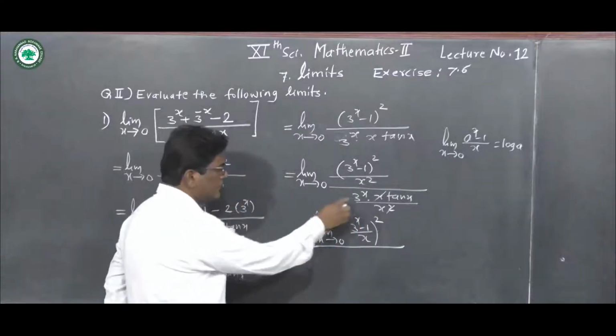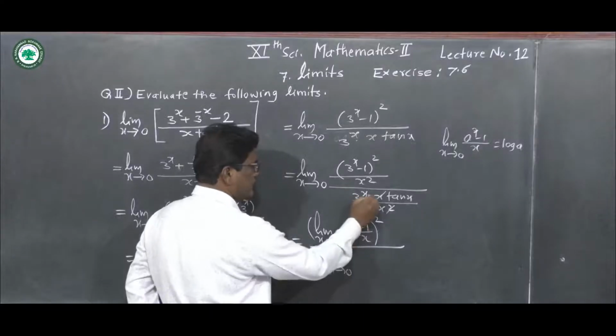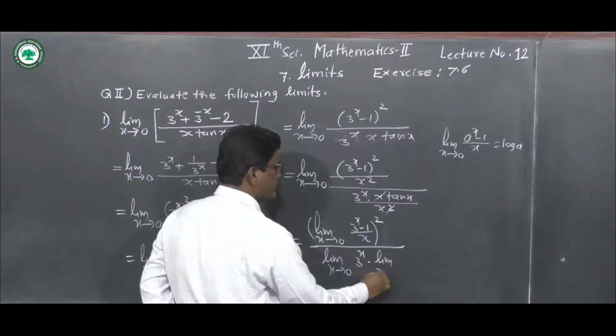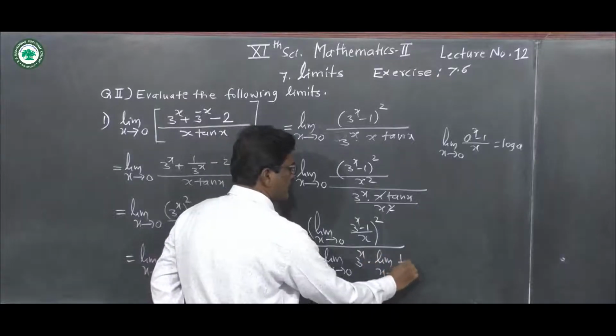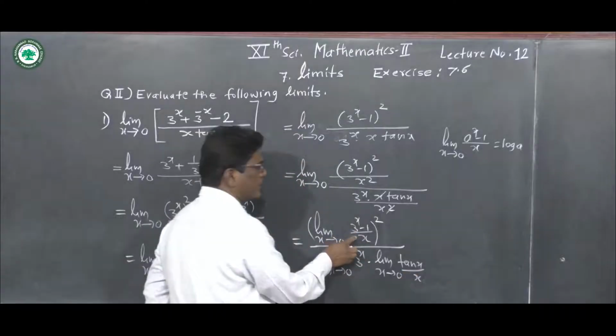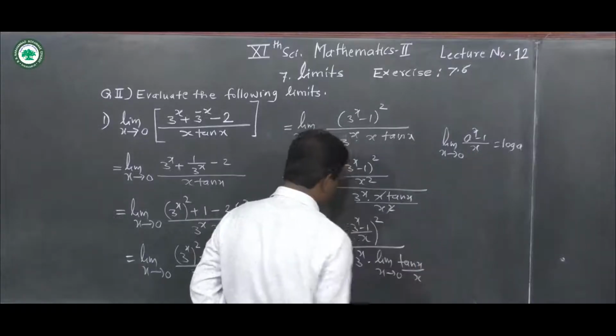and in the denominator limit as x tends to 0, here 3 to the power x, so 3 to the power x into limit as x tends to 0 tan x upon x. And now this is the standard formula. Limit x tends to 0, a to the power x minus 1 upon x, that is equal to log of a.